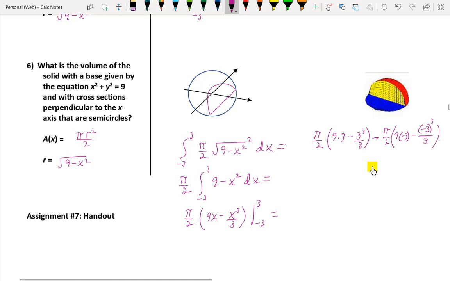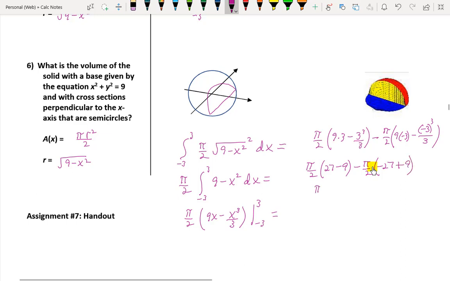All right, and we can probably finish this one up. This is going to be pi halves times 27 minus 27 divided by 3 is 9, minus pi halves times negative 27. This one's going to turn into plus because of all the negatives flying around in there, and that's going to be plus 9.